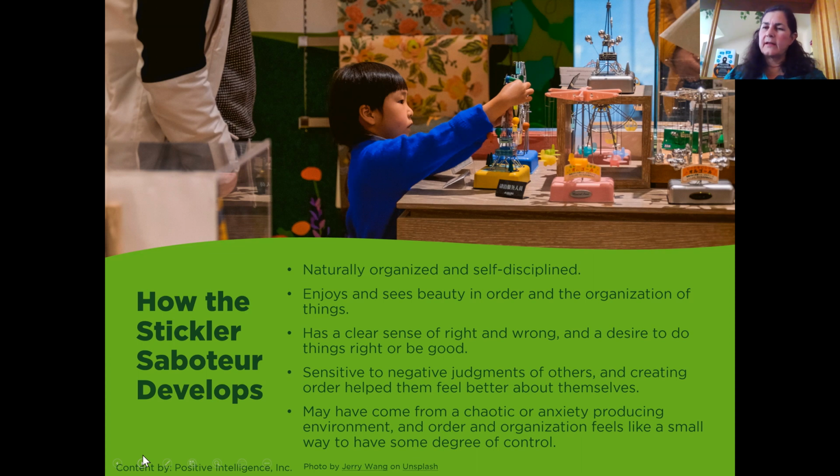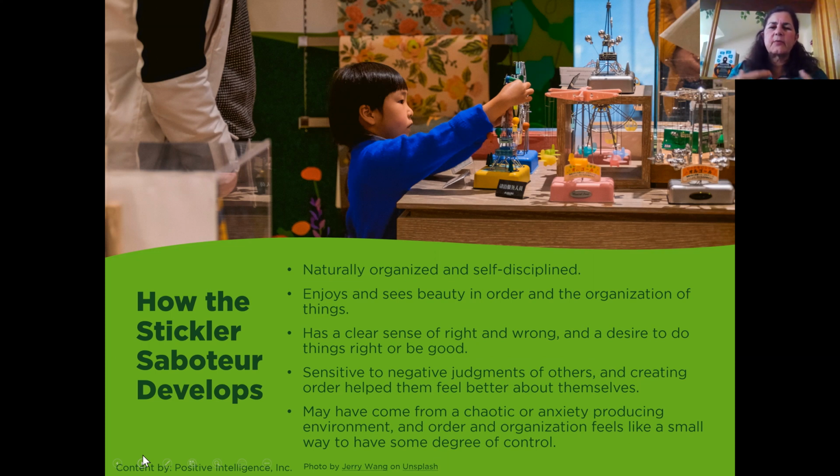They may, and not always, but they may have come from a chaotic or anxiety-producing environment. And so creating order in their little world or realm has felt like a small degree of control. I have some clients who have this saboteur, and they may have grown up in alcoholic families, and being able to create order around themselves has protected them from this world of chaos.